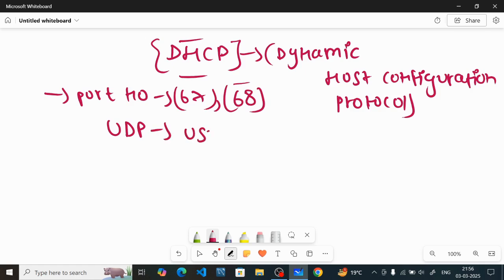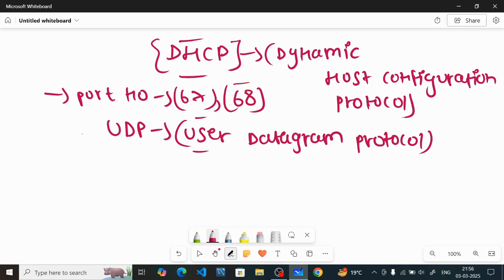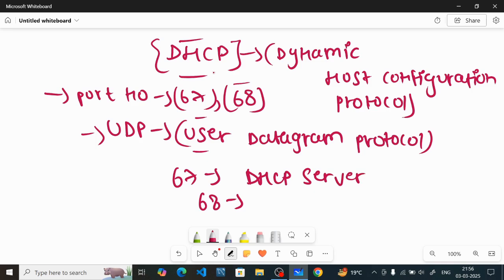UDP stands for User Datagram Protocol. 67 is used by our DHCP server and 68 is used by DHCP clients, which is us.